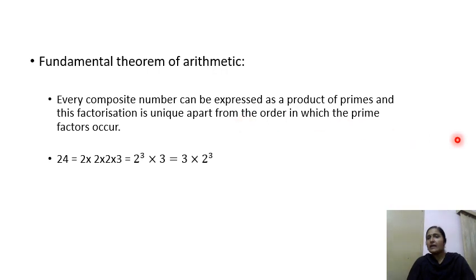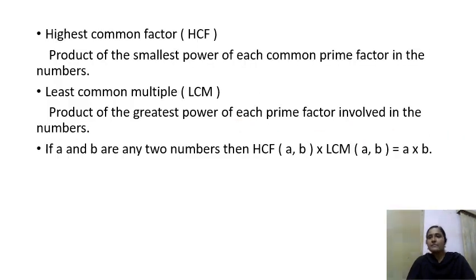Okay, now we will check the next concept. The next concept is HCF and LCM. HCF means highest common factor and LCM means least common multiple. So now we can check, using the fundamental theorem of arithmetic, how we can find the HCF and LCM of any two numbers.